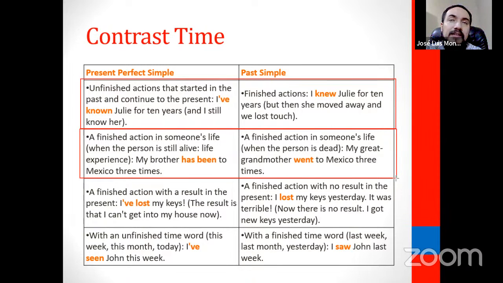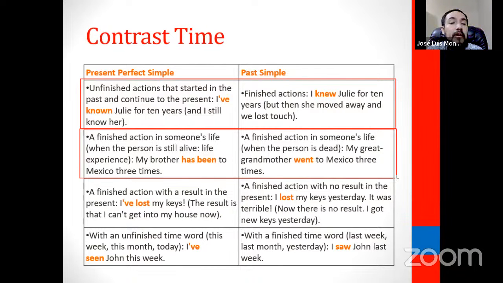Something that has happened, but we don't say when. Remember, we don't say when. And in this case, you're just describing the experience of this specific person. And as this person is still alive, this experience can change. And if it can change, then again, the present perfect simple is the best idea.